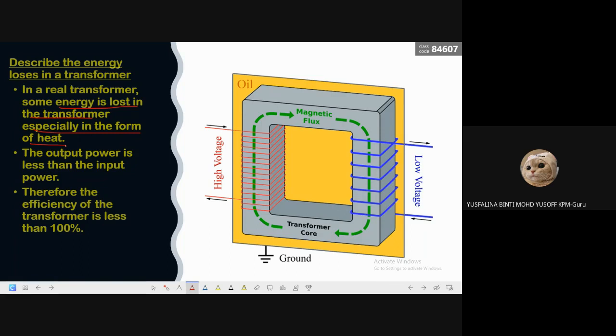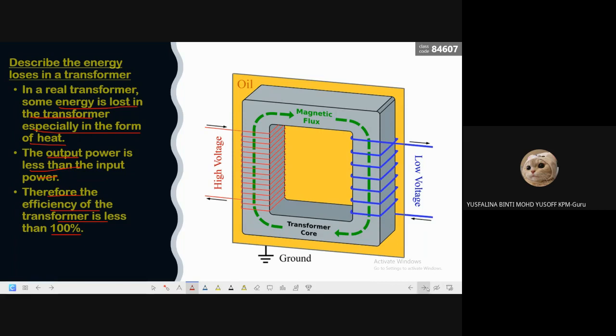That also happens in the transformer because the AC current flows through it, so of course there will be heat formed. So the output power is less than the input power. Therefore, the efficiency of the transformer is less than 100%.